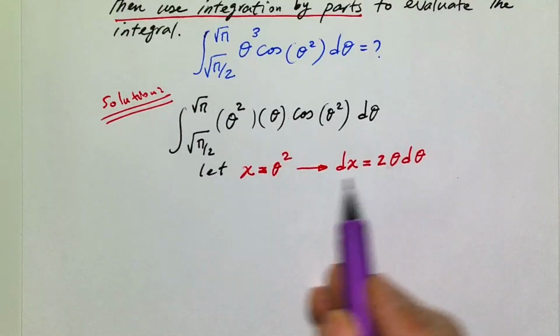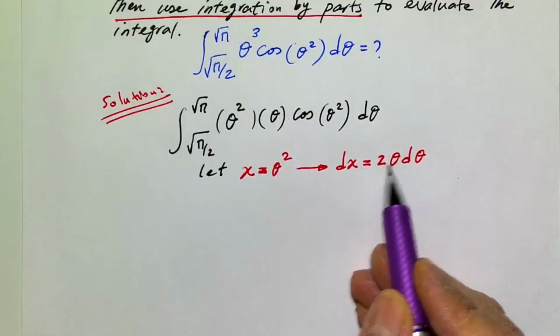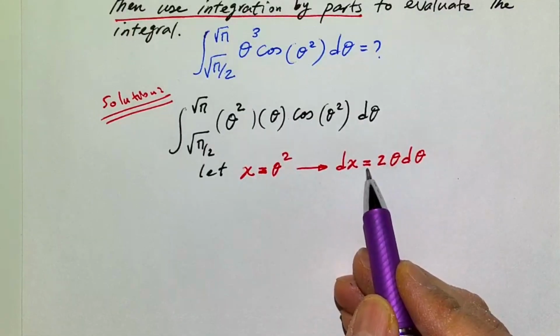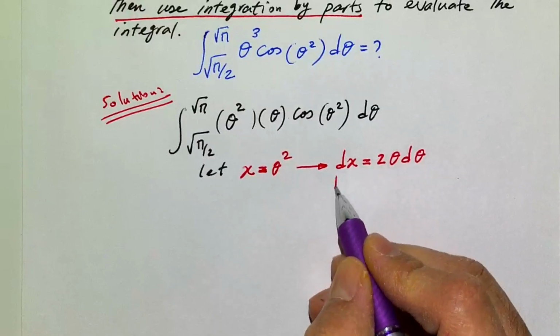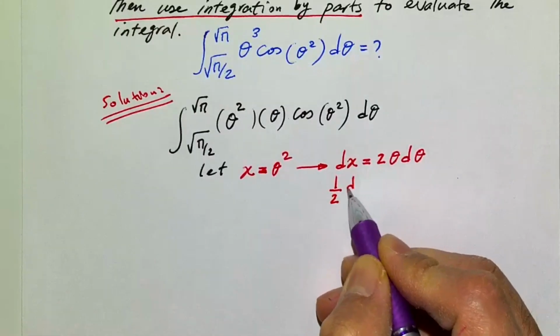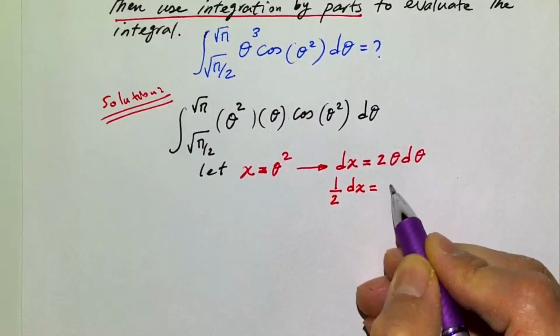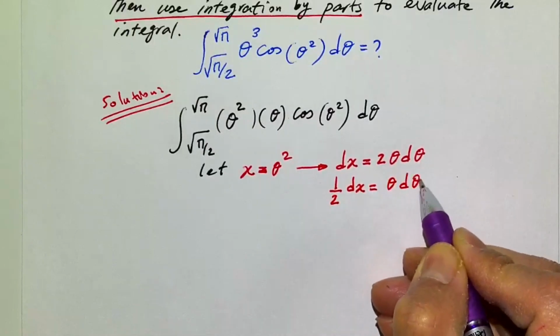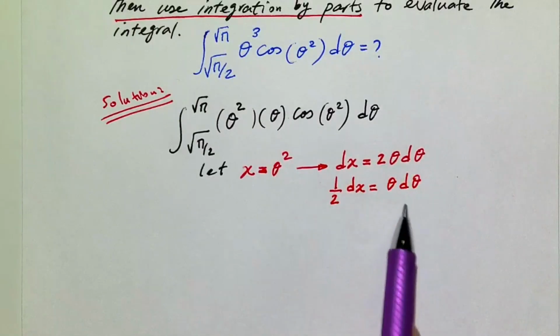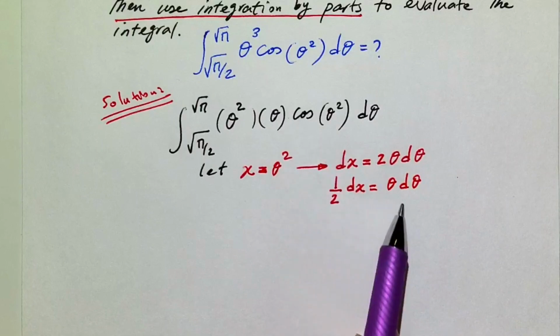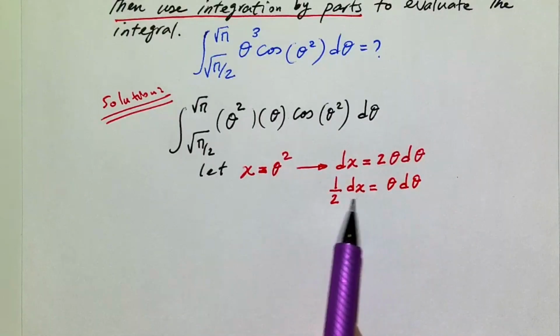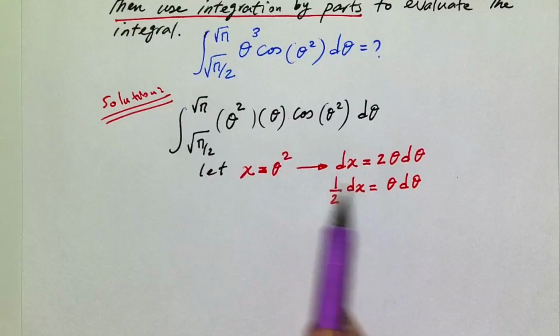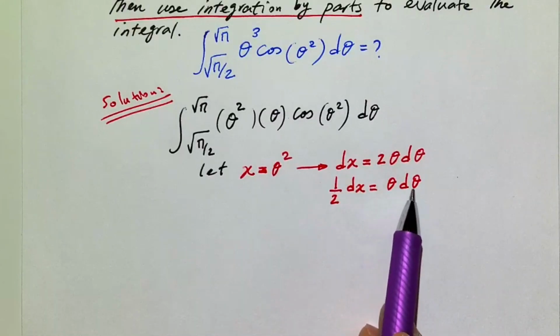How do we get rid of this? Multiply both sides of this derivative by 1/2. So we get 1/2 dx equals theta d theta. Now we have a replacement in terms of x for theta d theta.